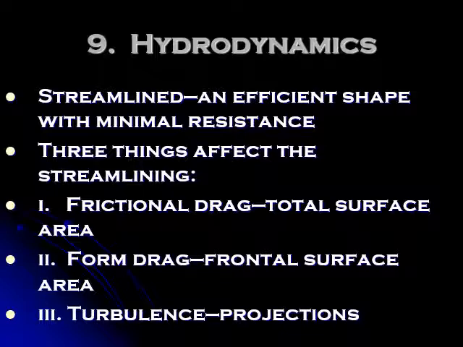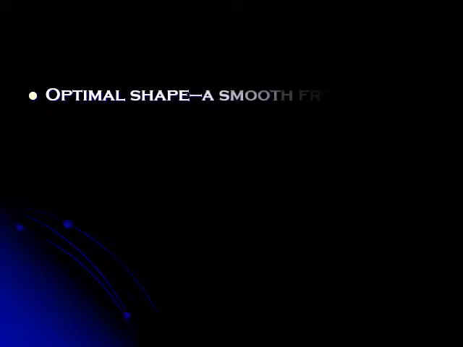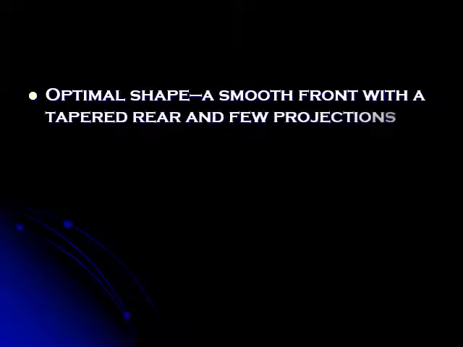And the turbulence is what's going to be slowing a fish down. So the optimal shape is going to be a smooth front with a tapered rear and few projections.